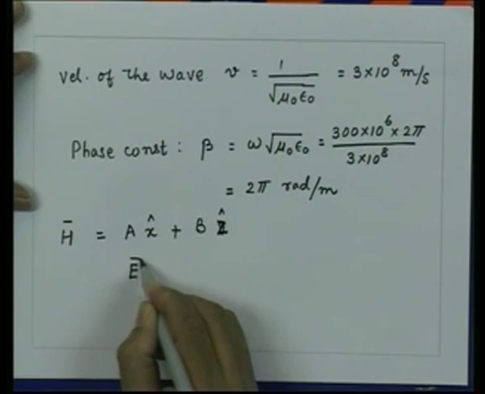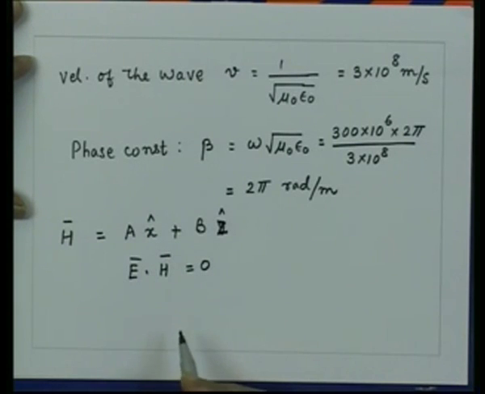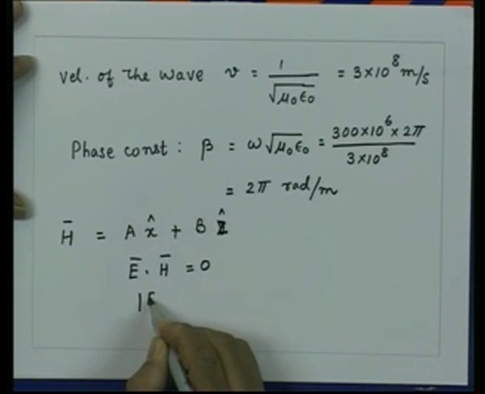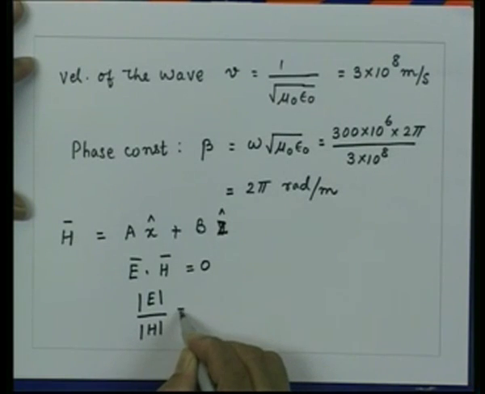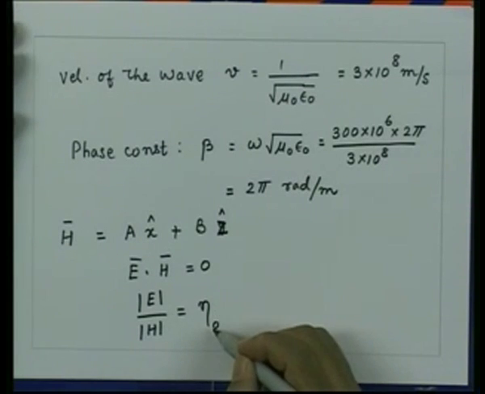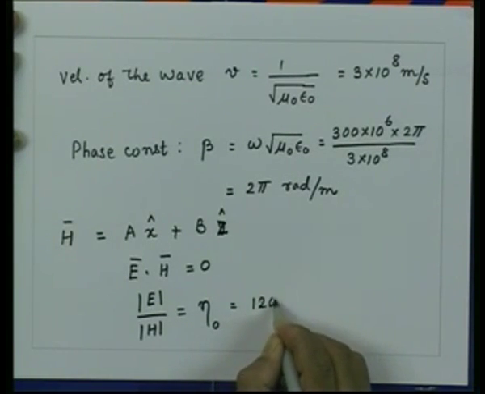So, we can make use of that property to say that E dot H is equal to 0, and also for uniform plane wave mod of E divided by mod of H is equal to the intrinsic impedance of the medium, and in this case the medium is vacuum. So, this is equal to eta 0, which is nothing but equal to 120 pi for the vacuum.